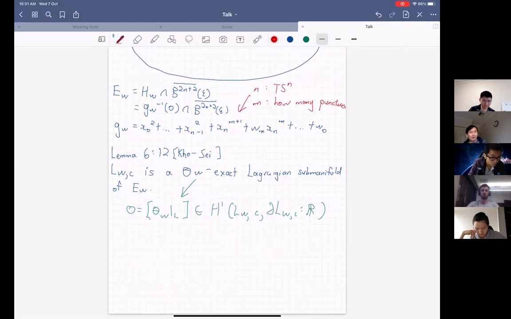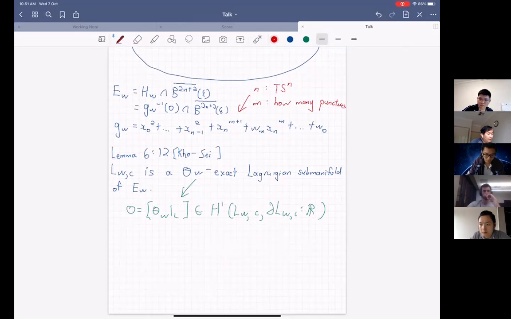Okay. When we say exact Lagrangian, it means this one form, whose differential is the symplectic form, d theta. So the symplectic form restricted to L is 0. So we know that d theta is 0, so theta restricted to L is closed, and exact.